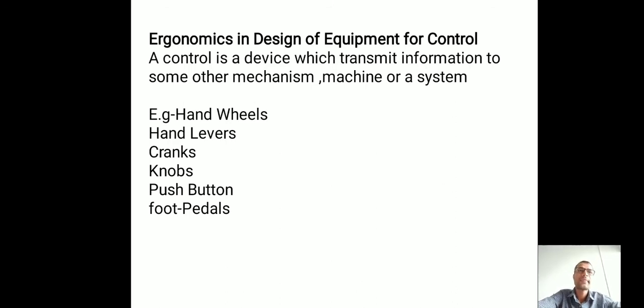So friends, here a control is a device which transmits information to some other mechanism, machine or system, correct? Means these are certain equipments which are only used for the control of the system. There are certain equipments whose design we have to discuss in detail as per ergonomics.